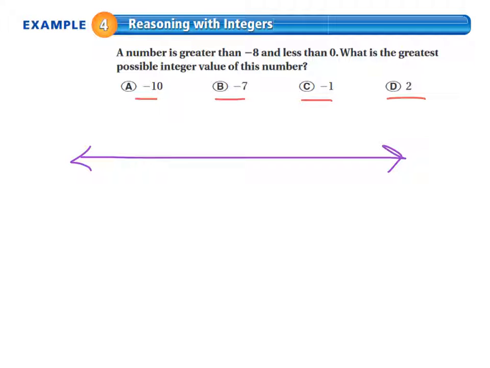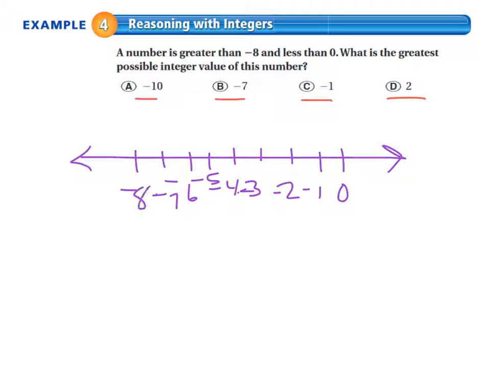I'm just going to plot between negative 8 and 0 because that's the only area we're worried about right now. So it's going to be somewhere between here and here.